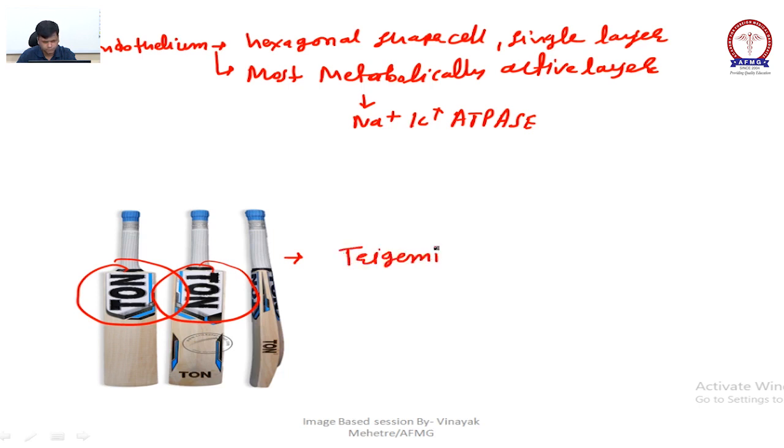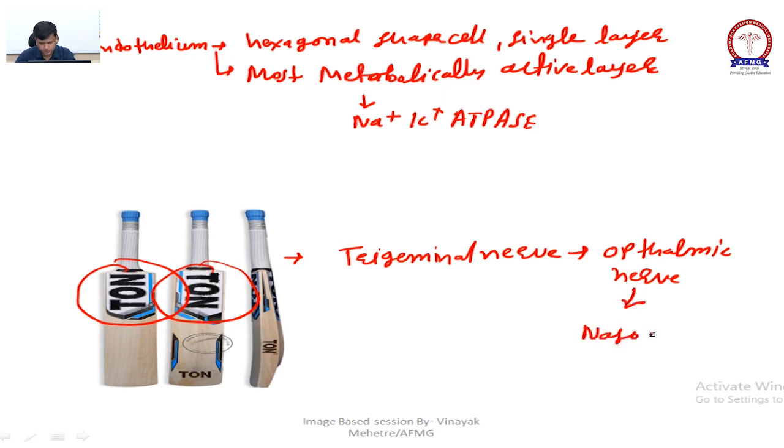Trigeminal nerve, its branch will be ophthalmic nerve, and its branch is nasociliary nerve.